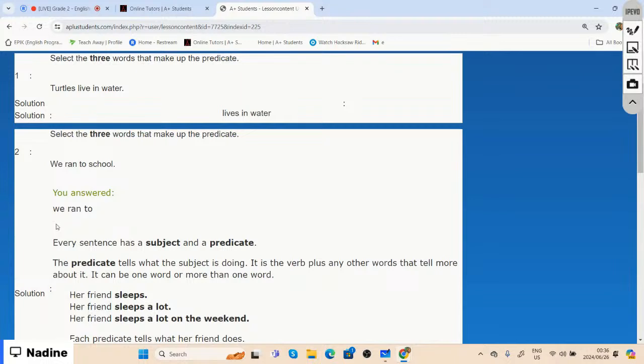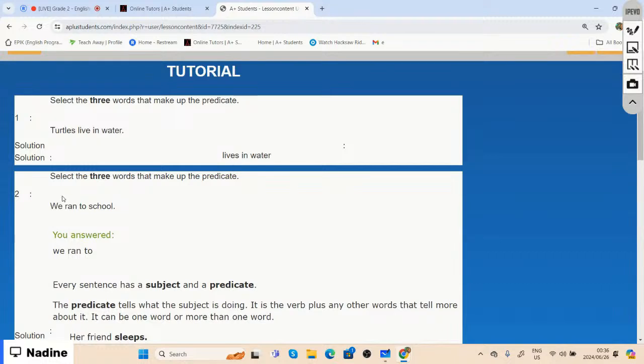All right, so look at this sentence. It says we need to select three words that make up our predicate. It says turtles live in water. Turtles live in water. What is our predicate within the sentence? Is it turtles or live in water?